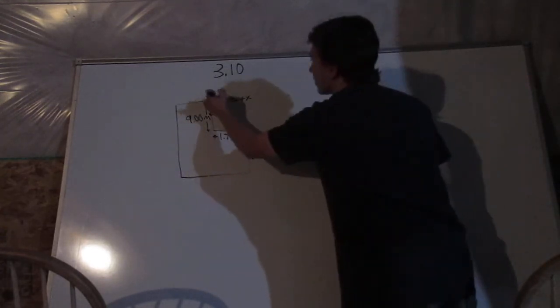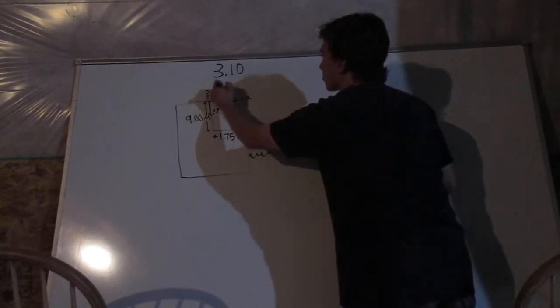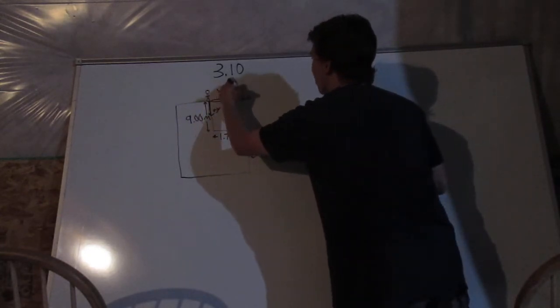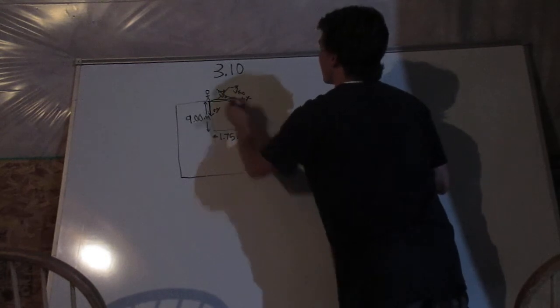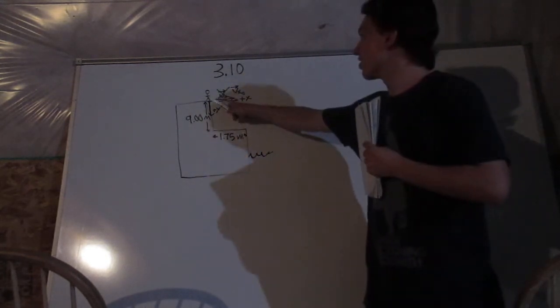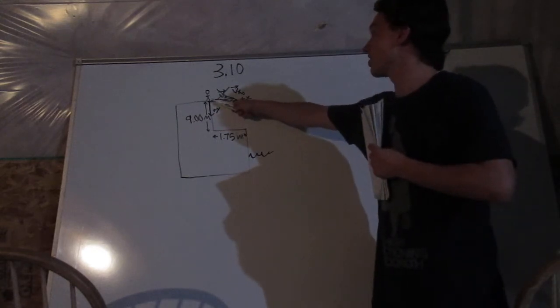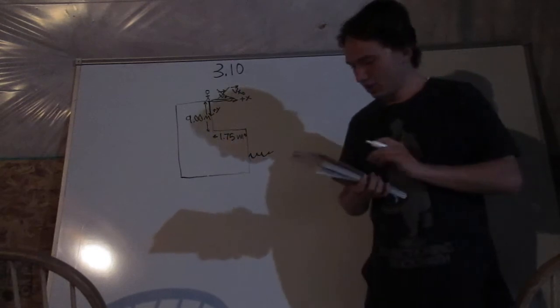And they give this as v naught, but so we don't get confused, why don't we actually call that vx naught? That's going to make a little more sense because it's not their total velocity. Their velocity vector is actually going to look like that, but it's more of the x component right there.